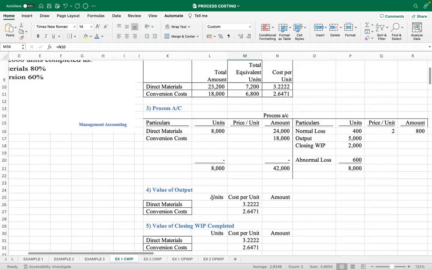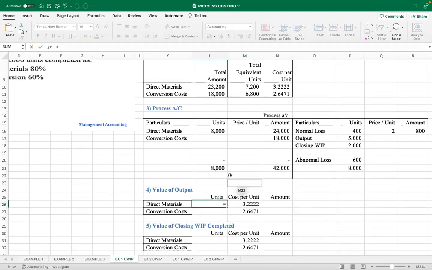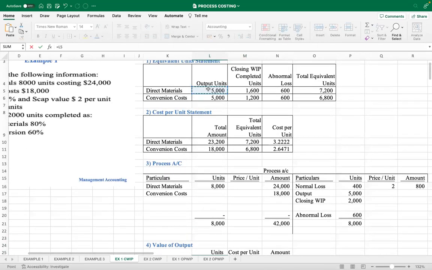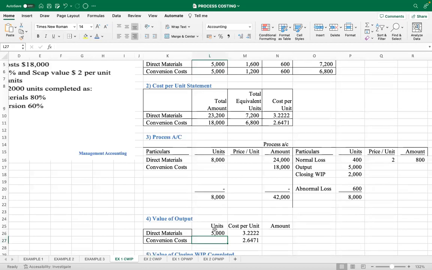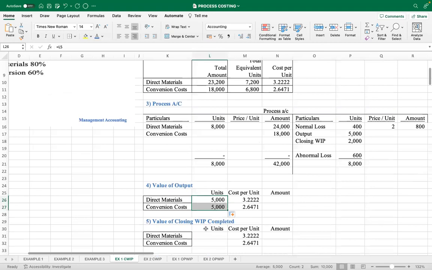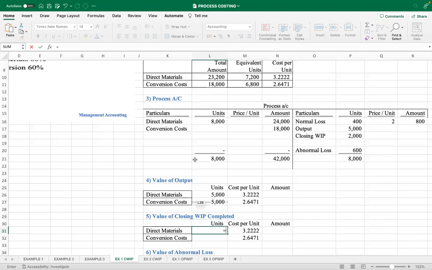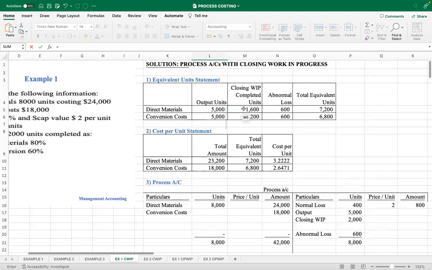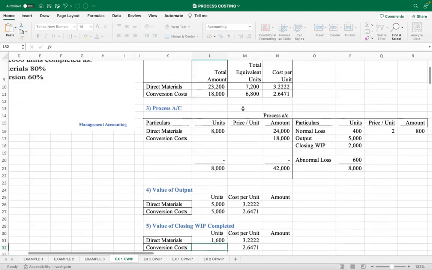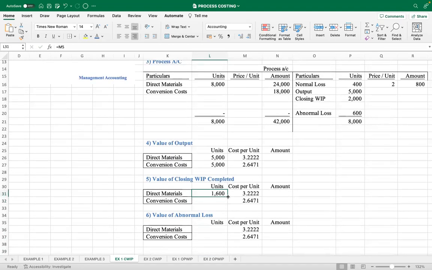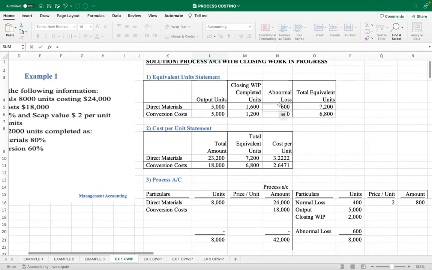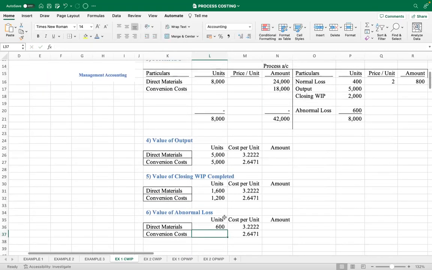What is the output in equivalent unit statement? 5,000 for materials and also 5,000 for conversion. Units of closing work in progress, you also get them from equivalent unit statement. Closing work in progress is 1,600 and 1,200. Units of abnormal loss is 600, and you also get 600.